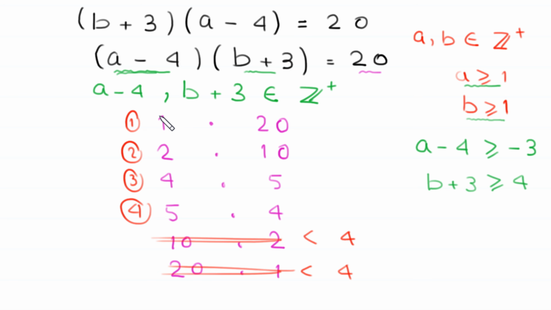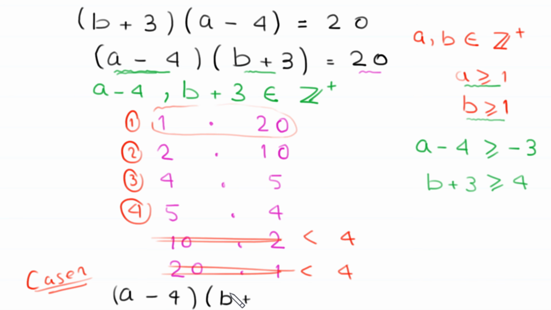First we solve case 1, 1 times 20. In case number 1, we write these factors (a minus 4) times (b plus 3) equal to 1 times 20.